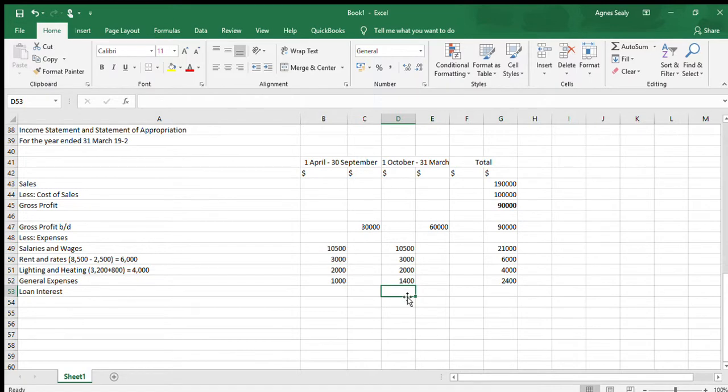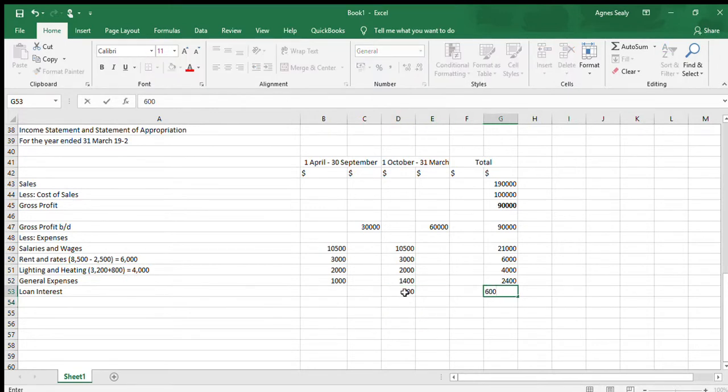So that is $10,000 multiplied by 12%, which is 0.12. And then that is divided by 2, which is $600.